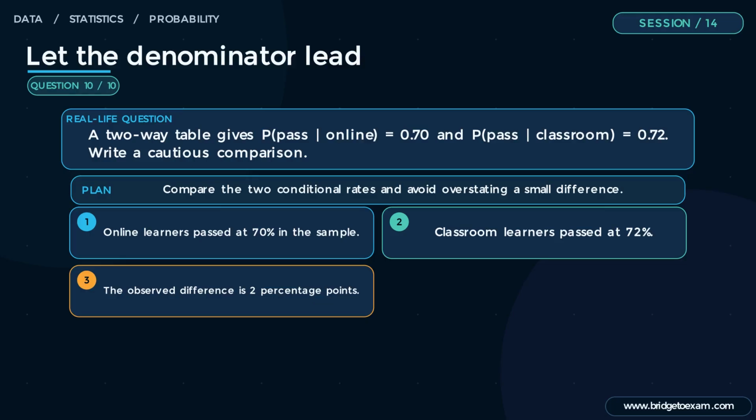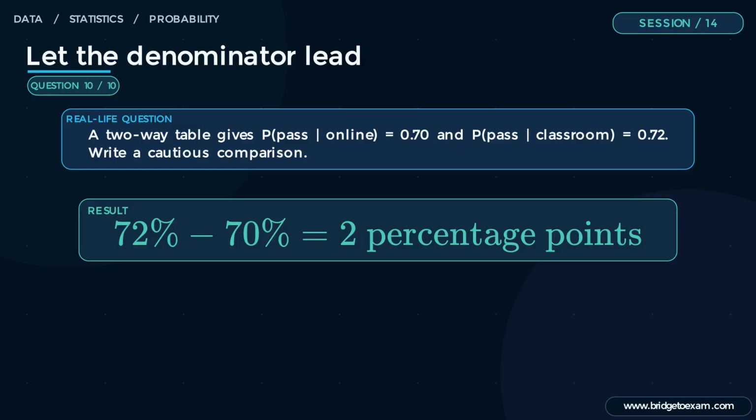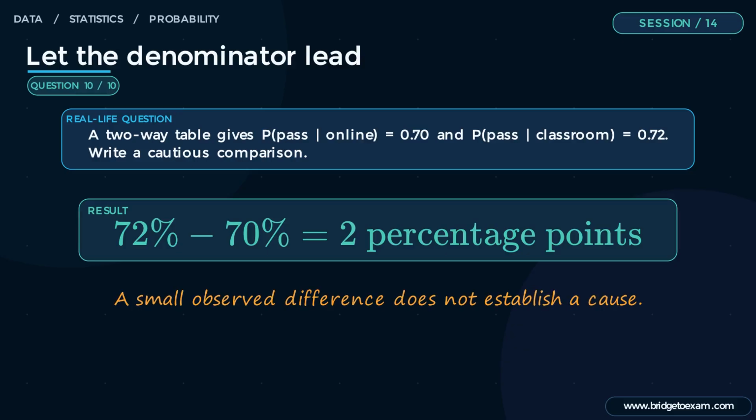Classroom learners passed at 72%. Step 3. The observed difference is 2 percentage points. Step 4. The sample shows similar pass rates with a slightly higher classroom rate. More evidence is needed before explaining why. Quick check. The table shows association, not proof that classroom format caused the difference. This matters in real life because education leaders combine rate comparisons with study design and student background.